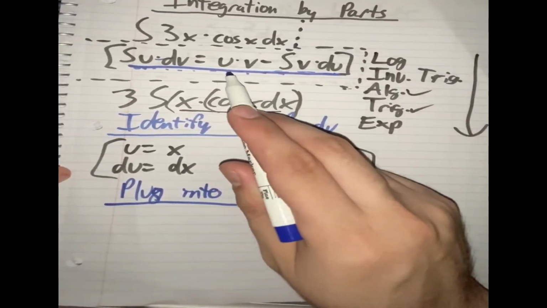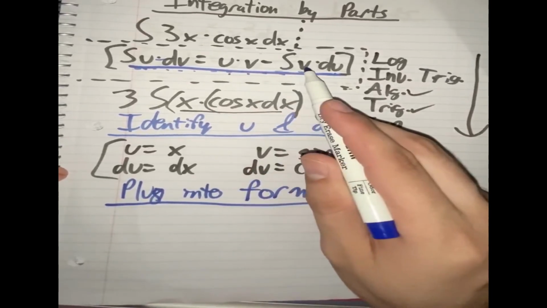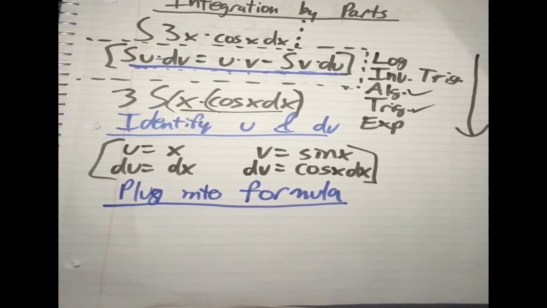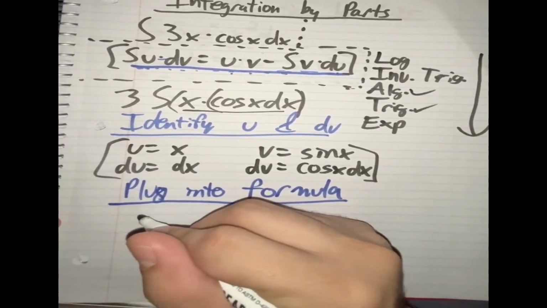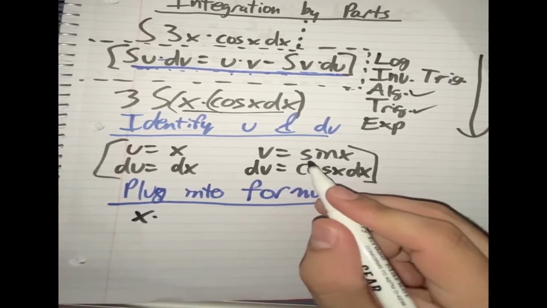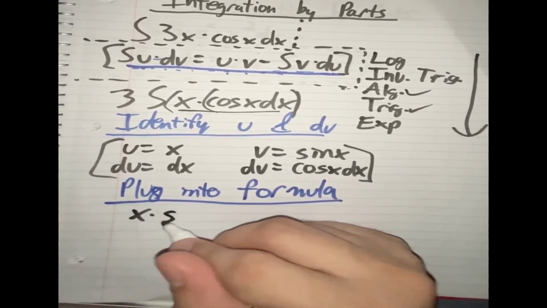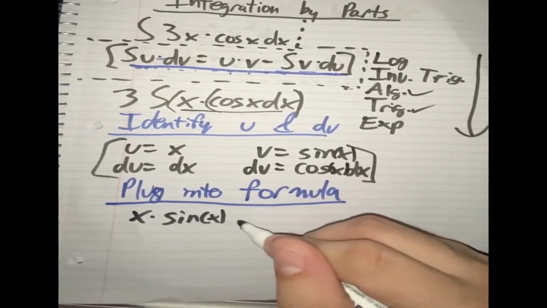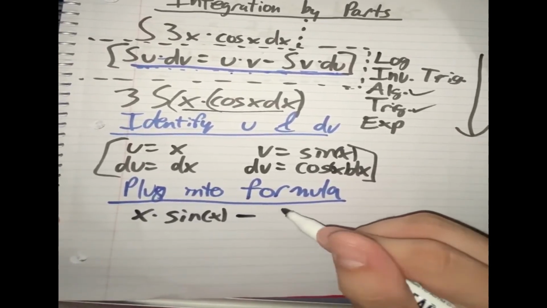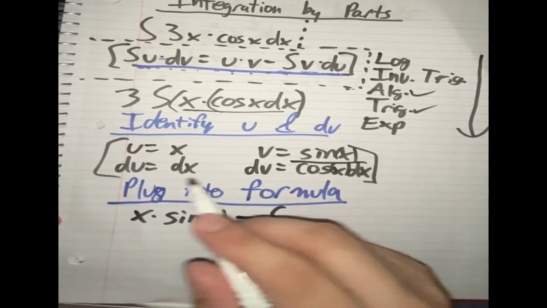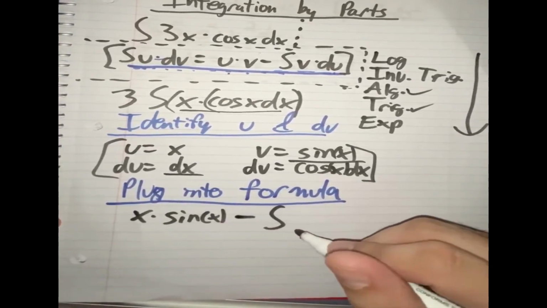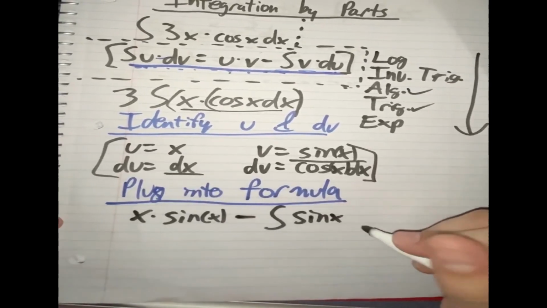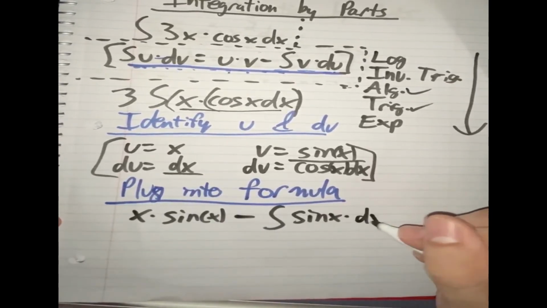Now we plug in, as we see, u times v minus the integral of v times du. So u times v is x times sine of x, minus the integral of v times du. Our v is sine of x, times du. Our du is simply dx.